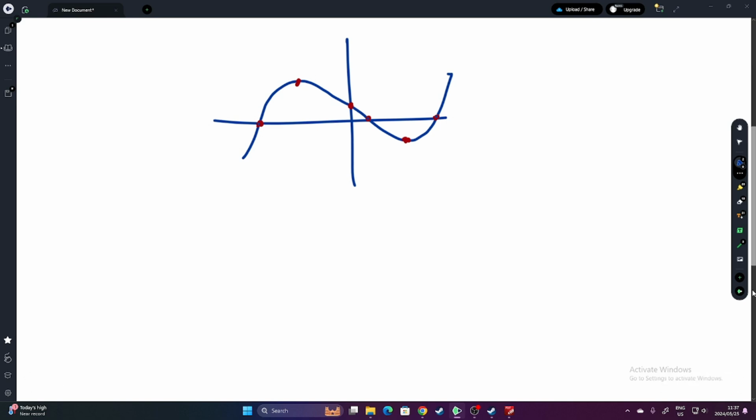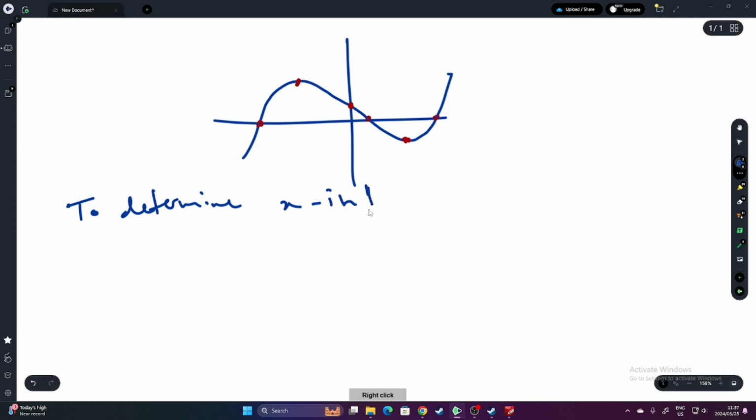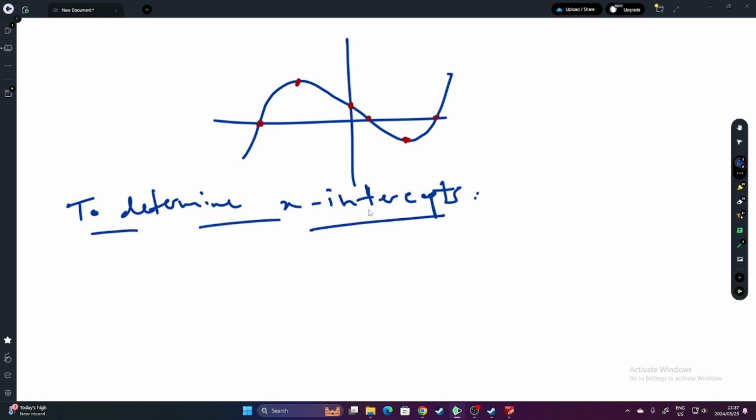Now, to determine x-intercepts, well, we find x-intercepts the same way we find it for literally every graph under the sun. We let y equal to 0 and solve for x through factorization, obviously.